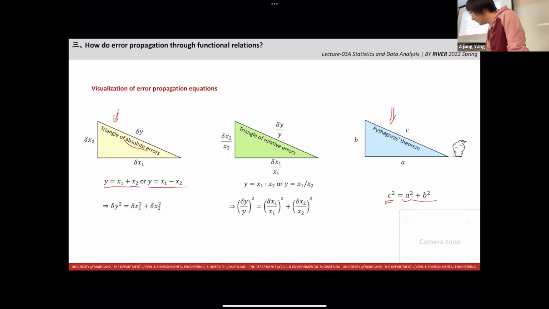We can see this is delta x1, this is delta x2, and this is delta y, which is a sum. Based on this triangle, we can have this relation, similar to this one.